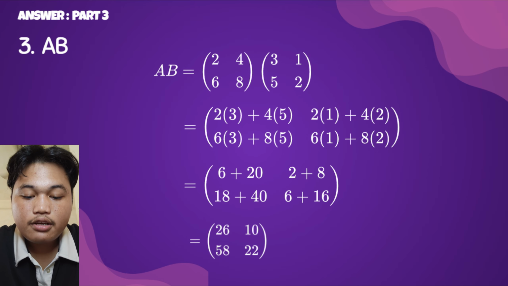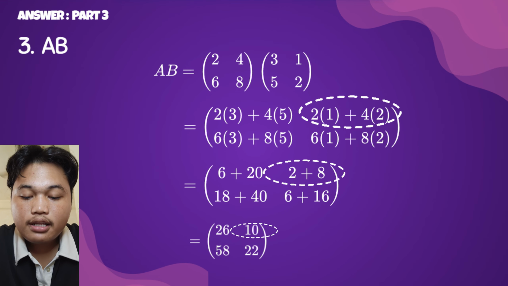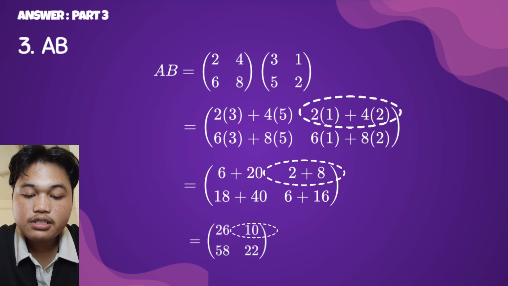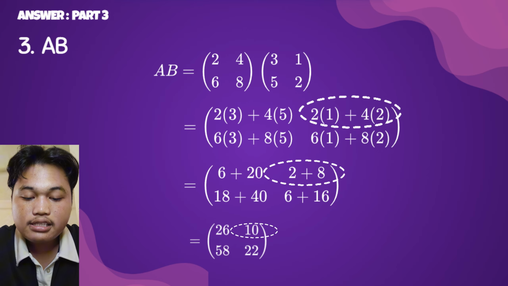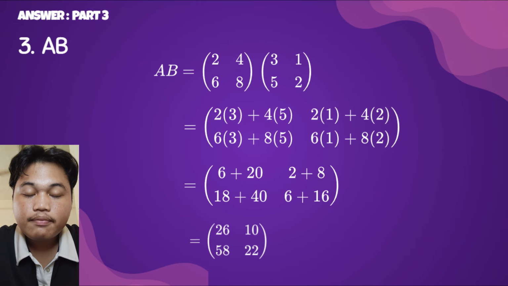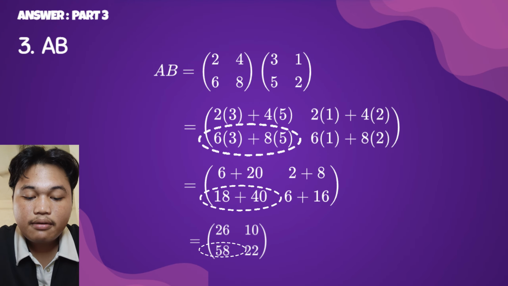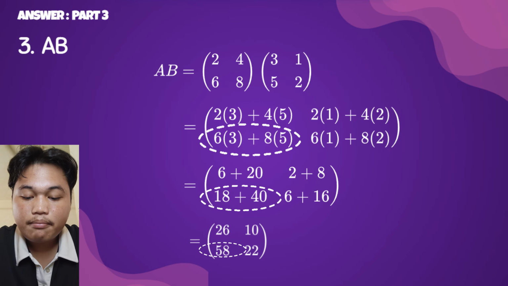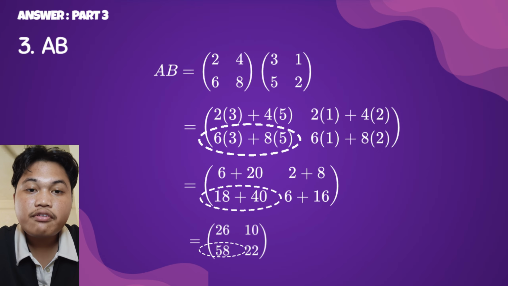For the top right entry, we multiply the first row by the second column to get 2 times 1 plus 4 times 2, which gives 2 plus 8 equals 10. Moving to the bottom row, we multiply the second row by the first column to get 6 times 3 plus 8 times 5, equaling 18 plus 40 equals 58.